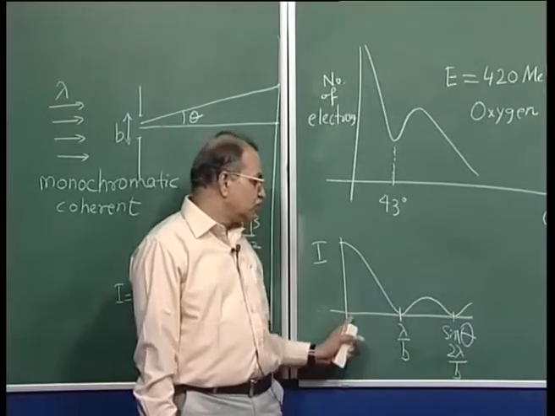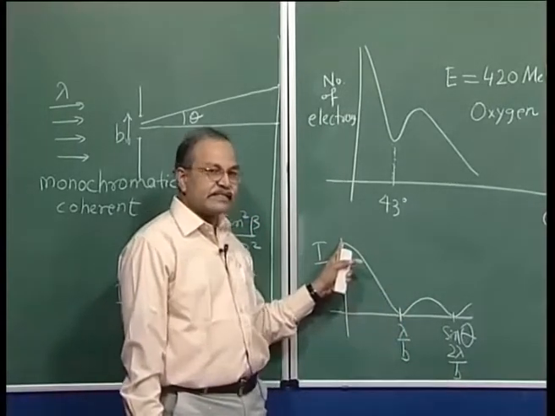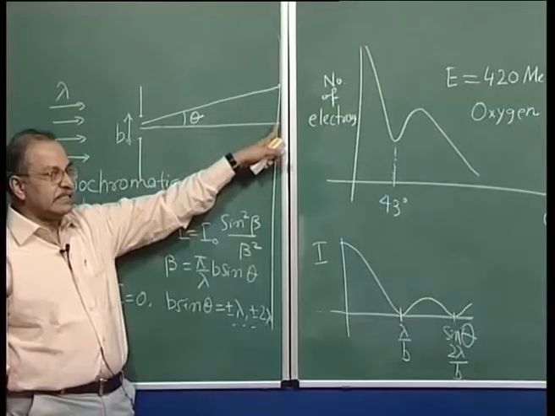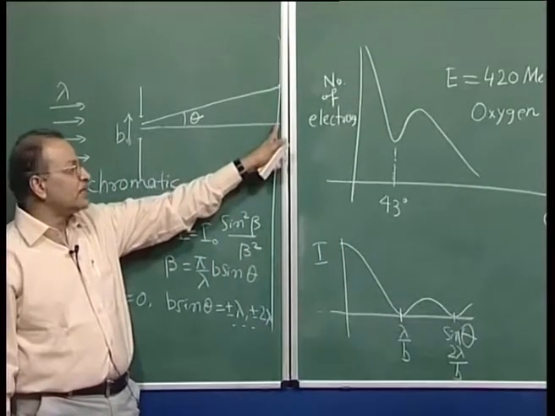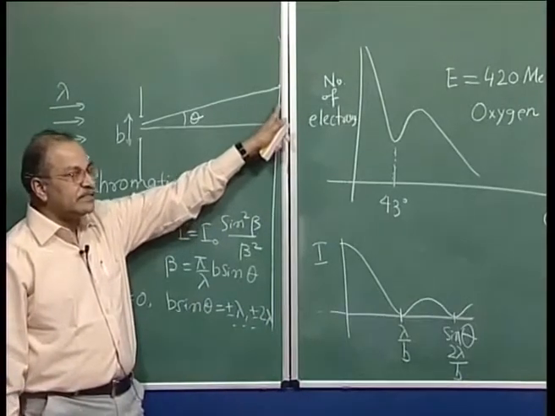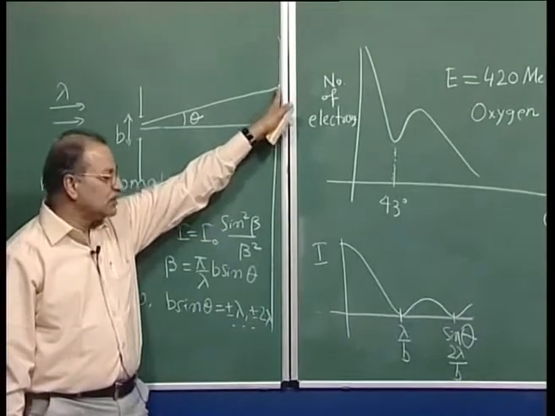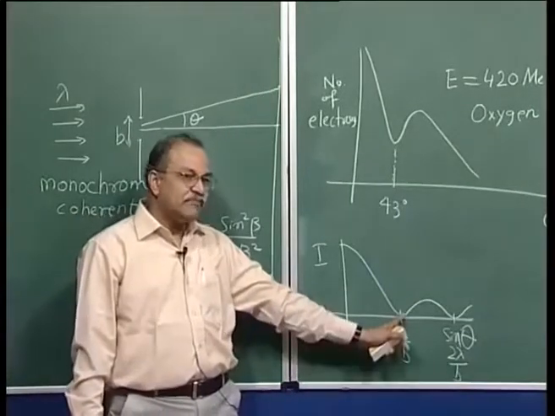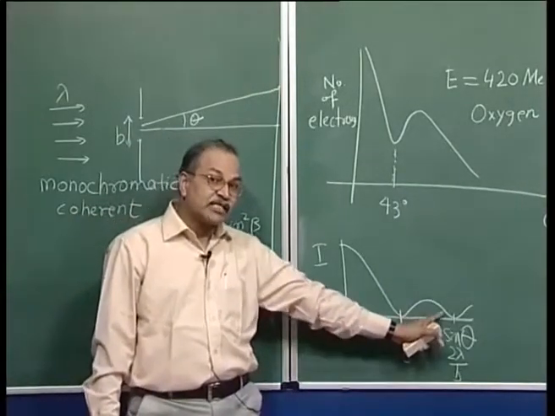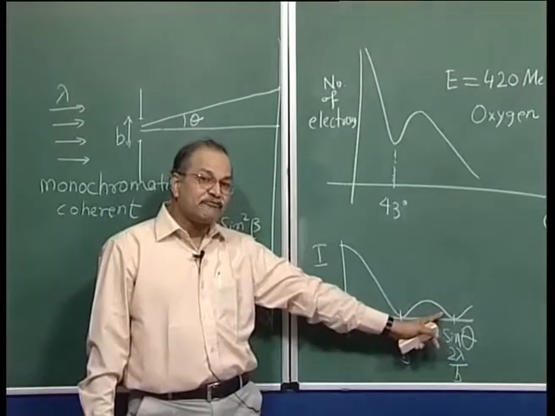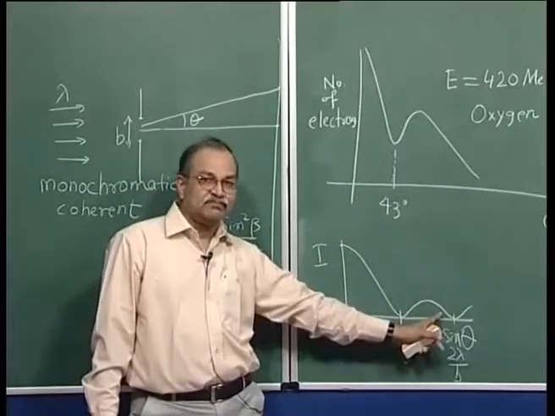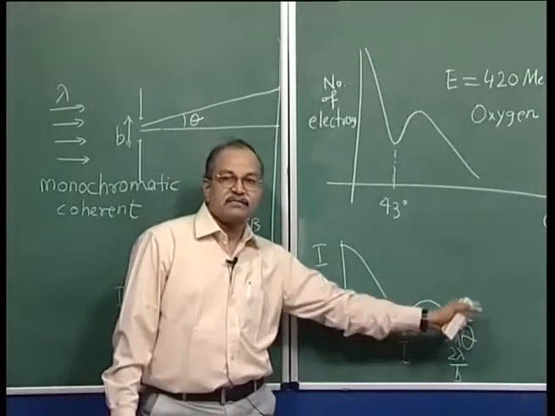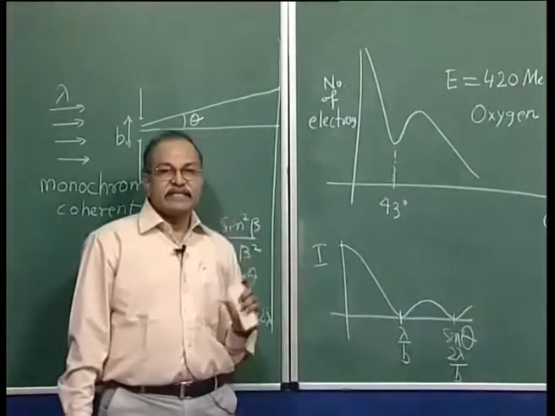So, at theta equal to 0 you have large intensity, and as you are increasing theta, intensity is going down and becoming 0 where sin theta is lambda by b, and then the next maximum is only about 5% of the first maximum. So, this maximum is very small. So, this is the diffraction pattern of a single slit.